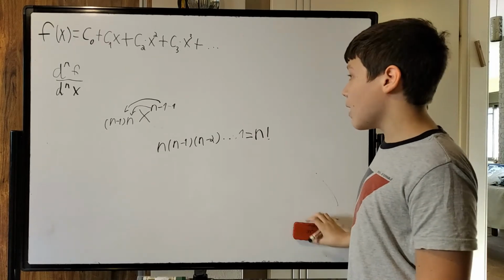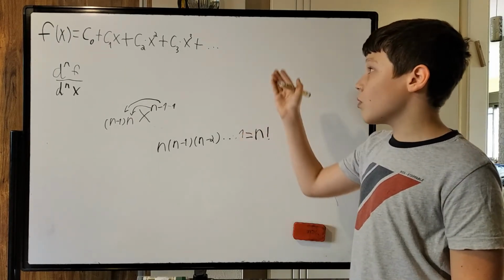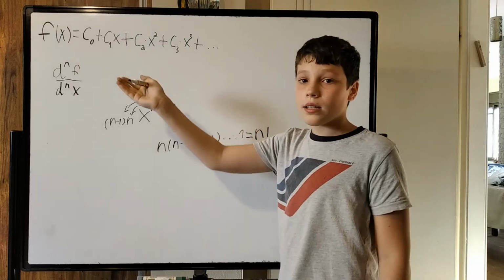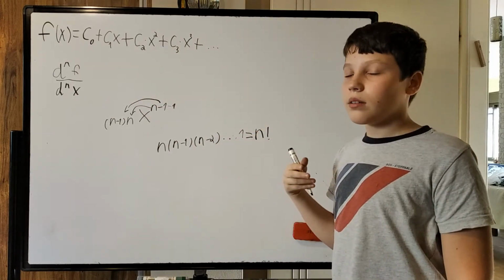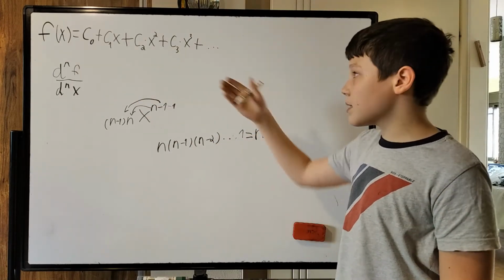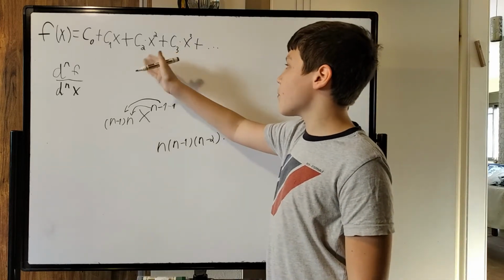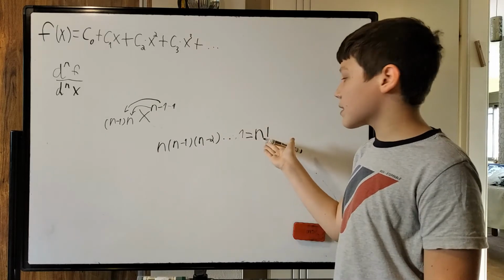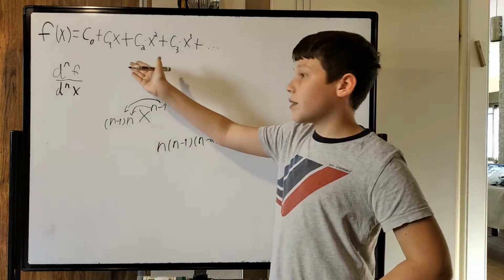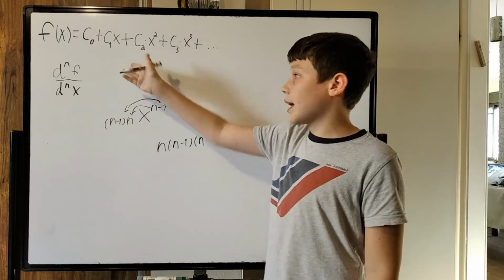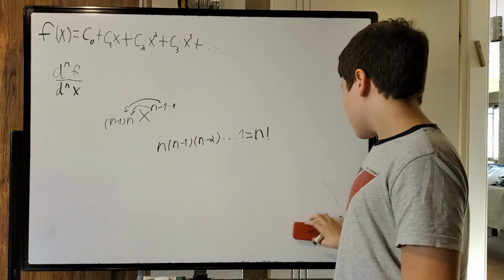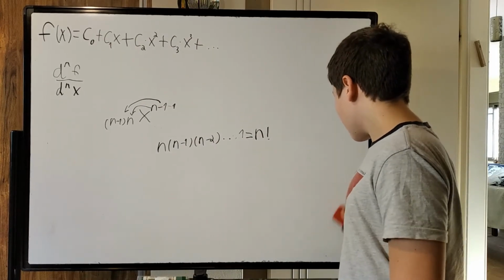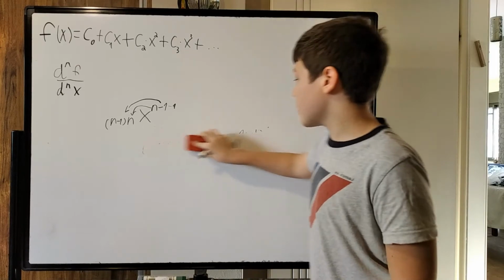Now that we've established what we'll have as the constant after differentiating n times, the constant is not this, it's going to be n factorial times the c of n. We still have all of those constants. Now erase this.